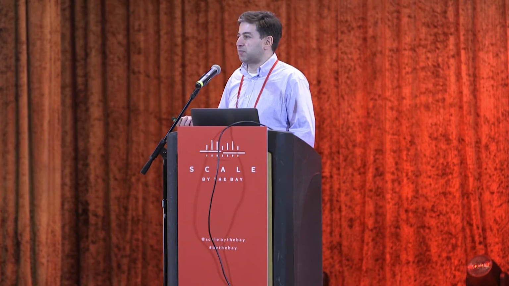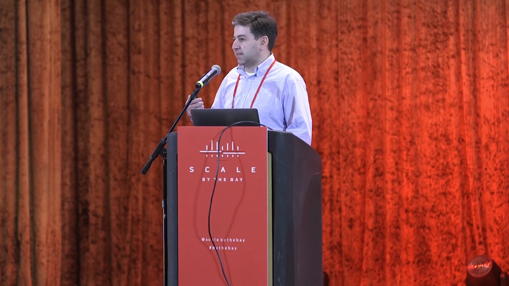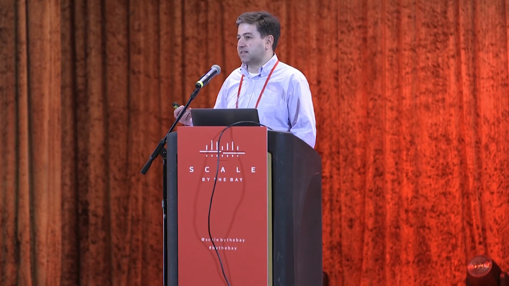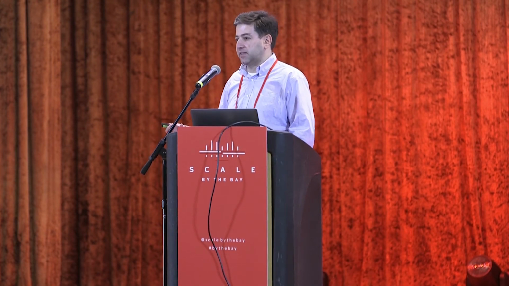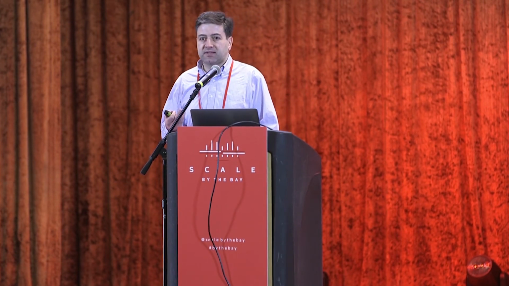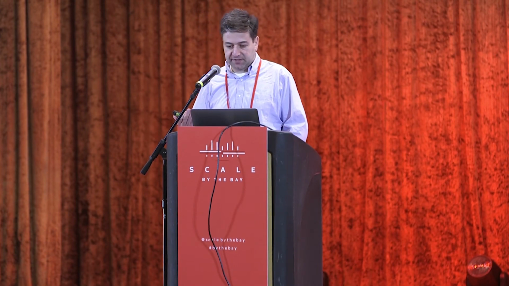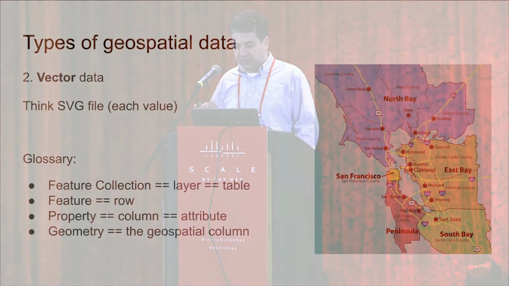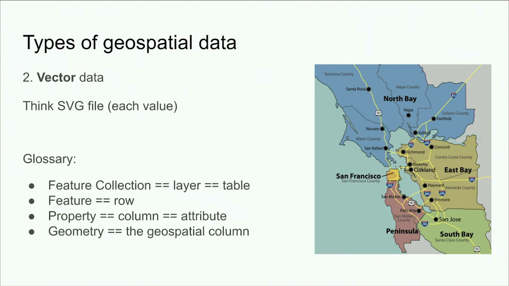And like in image processing tools, they started with bitmap data, but they gradually realized that for many tasks, it's much more convenient to use vector data. So we switched from bitmaps to SVG. The same thing happened in geospatial analysis. Vector data describes the same things, but instead of describing every single pixel, you describe a region over the surface of the Earth, or a specific point on the surface of the Earth.